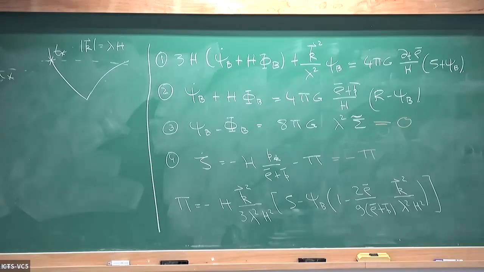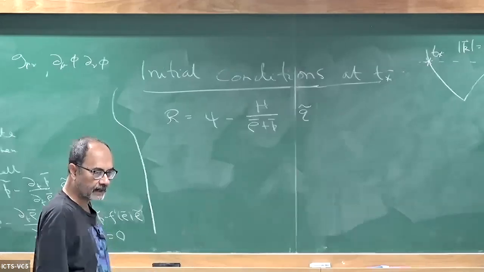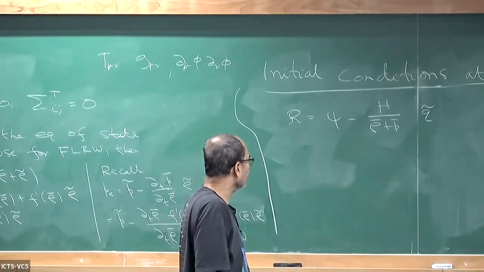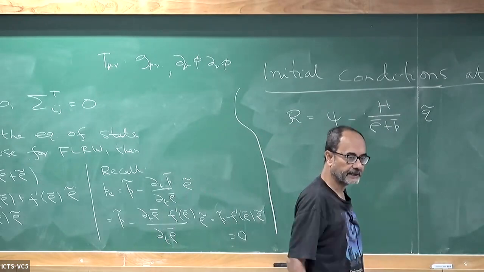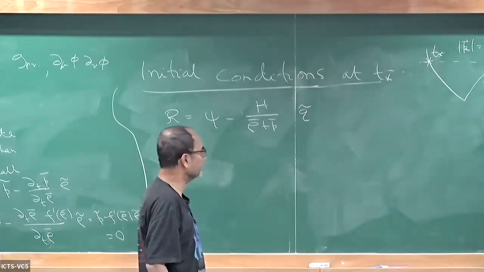So let's take R. This is what we had defined R as. So the idea is that we now have to re-express this in terms of the inflationary data, and then see what it was.